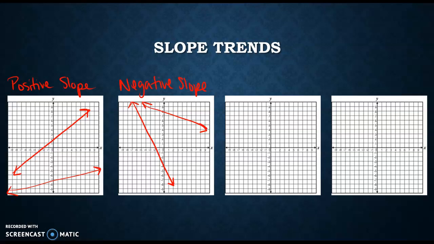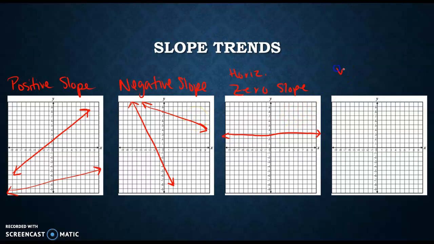But also when we start graphing ourselves, knowing if it's positive or negative, we're going to know whether or not we graphed the slope correctly, just because we know which way the line should look. Now, if we have a horizontal line, that is a 0 slope. So that's just like one of these lines right here. That's a horizontal line. There is no slope to it.